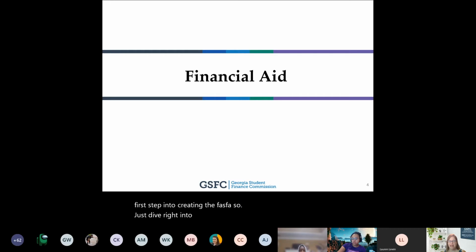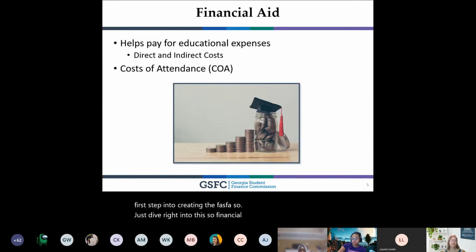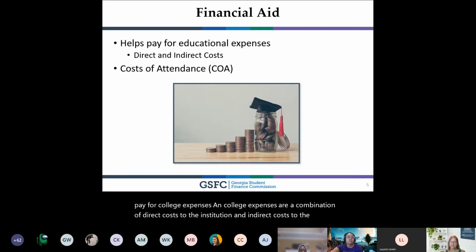So financial aid really is just to help you pay for college expenses. College expenses are a combination of direct costs to the institution and indirect costs. Cost of attendance is what the institution thinks it might cost you to attend that university for a year.